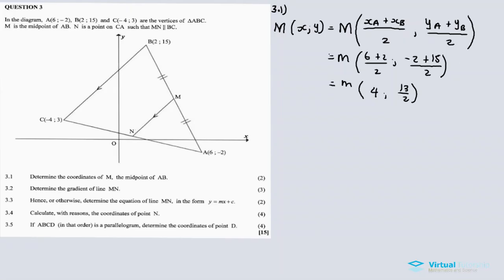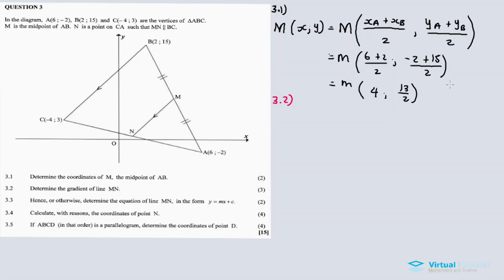Alright, now with 3.2, we have to determine the gradient of line MN, another straightforward one, but you have to remember this conclusion: lines that are parallel have equal gradients, right?